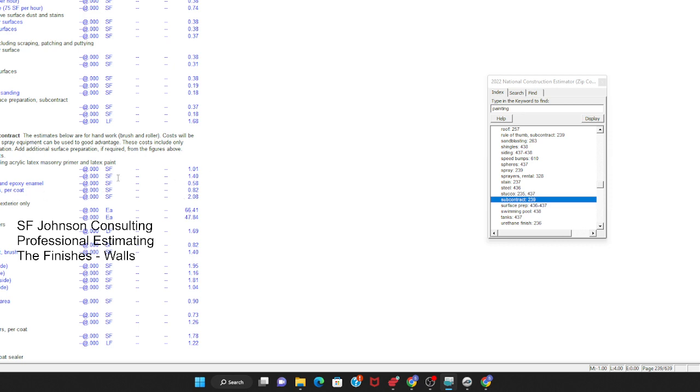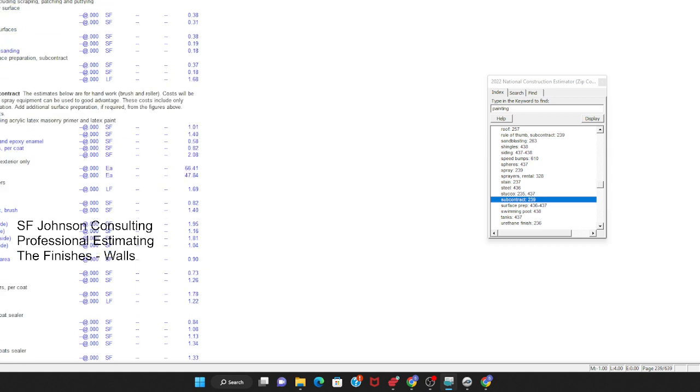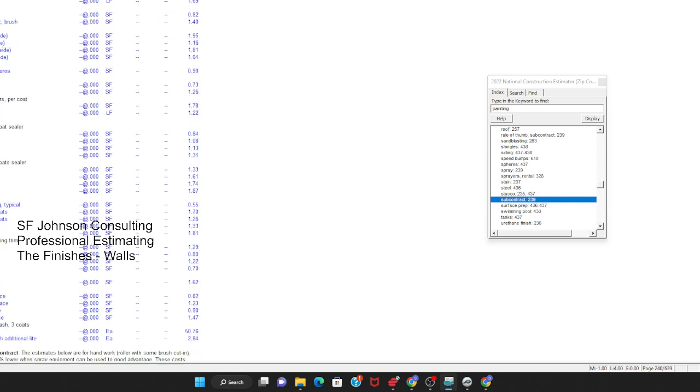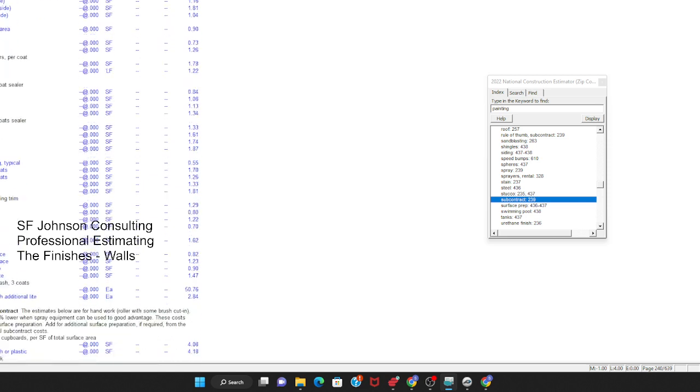And when I want to be lazy, which isn't often, but subcontractor price, we'll use that. So 1 coat of latex, 2 coats latex, 2 coats. And so you figure, you know, you gotta incorporate your primer. I think that's down here, maybe somewhere. 1 coat of primer, stucco, and all the different types of finishes.